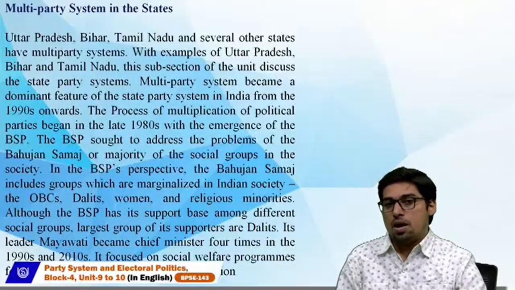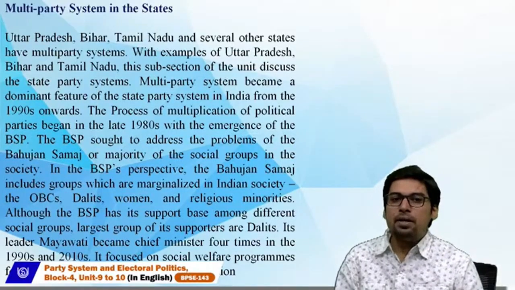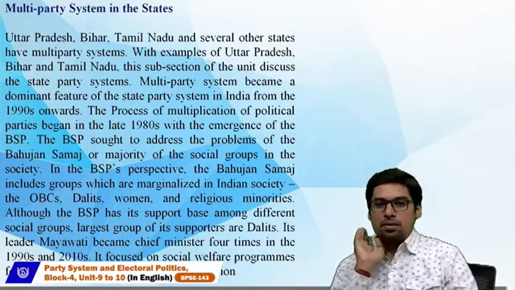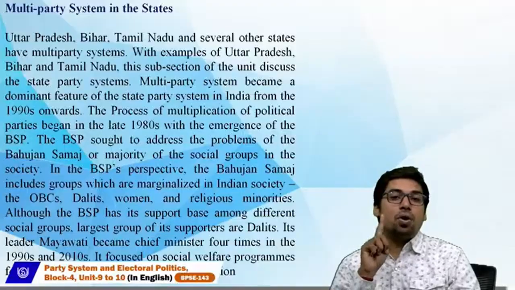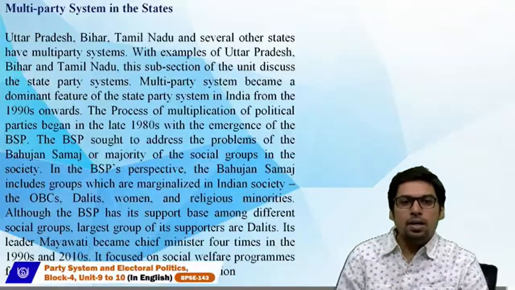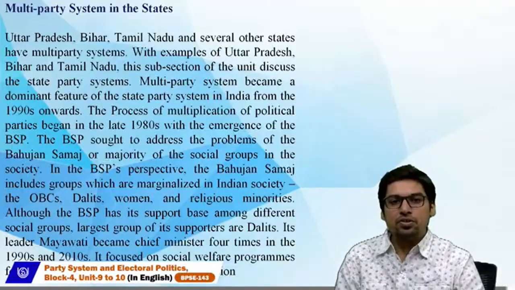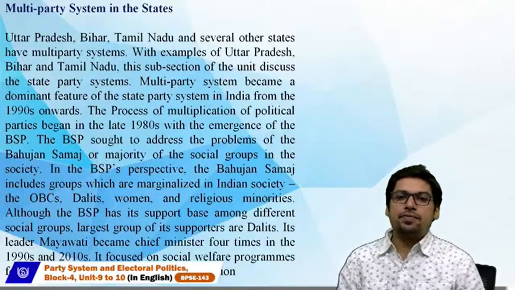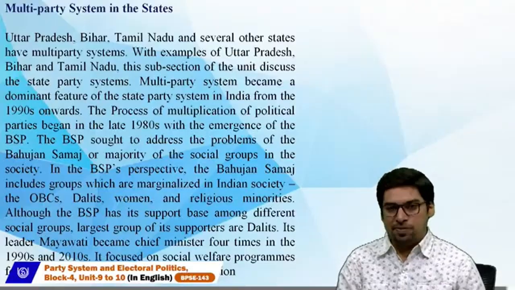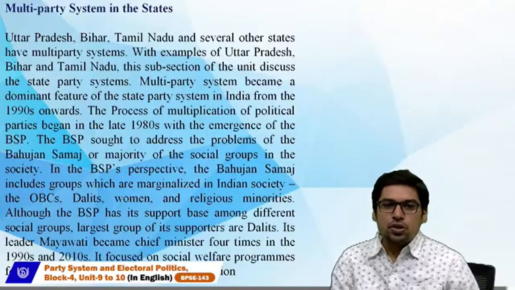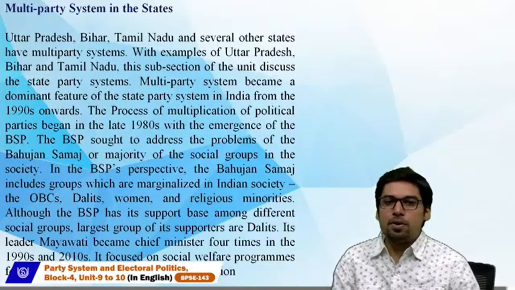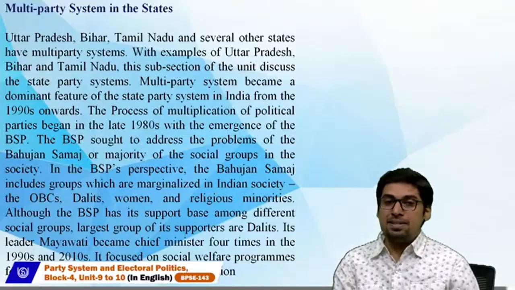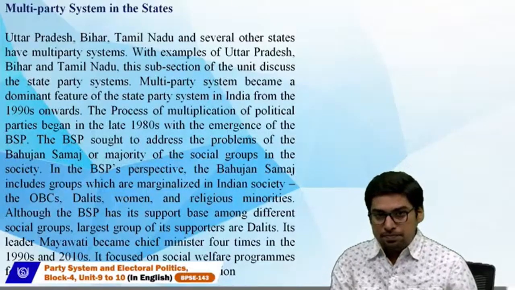The multi-party system became a dominant feature of the state party system in India from the 1990s onward. The process of multiplication of political parties began in the late 1980s with the emergence of the BSP. The BSP sought to address the problems of the Bahujan Samaj, the majority social groups in society.